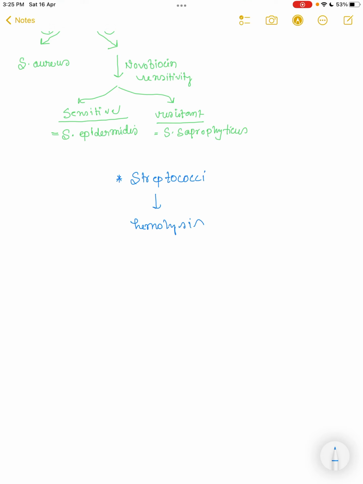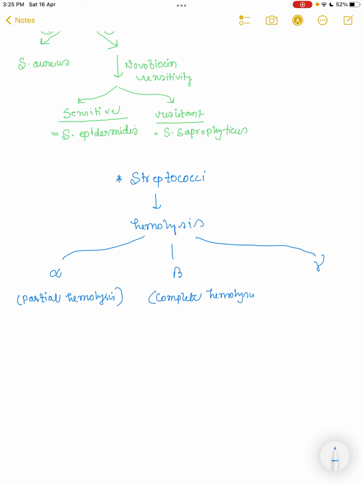I think many of you know, alpha hemolysis is the partial hemolysis, beta is the complete hemolysis, and gamma is no hemolysis.